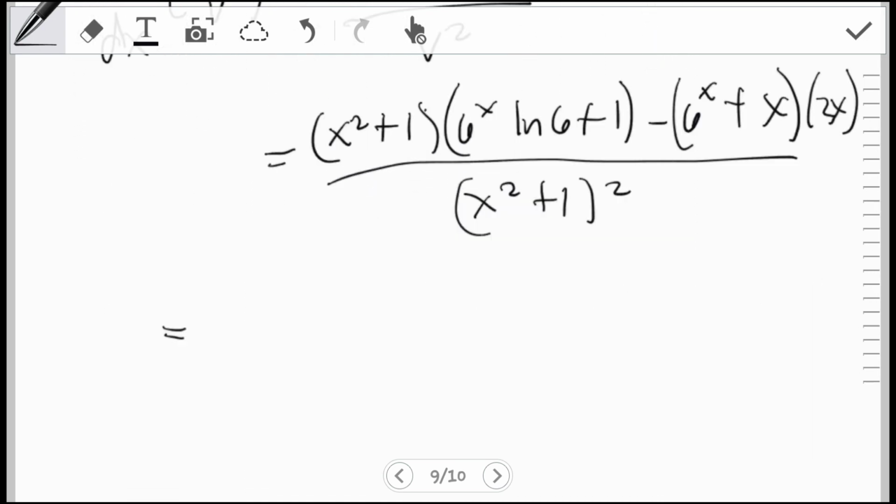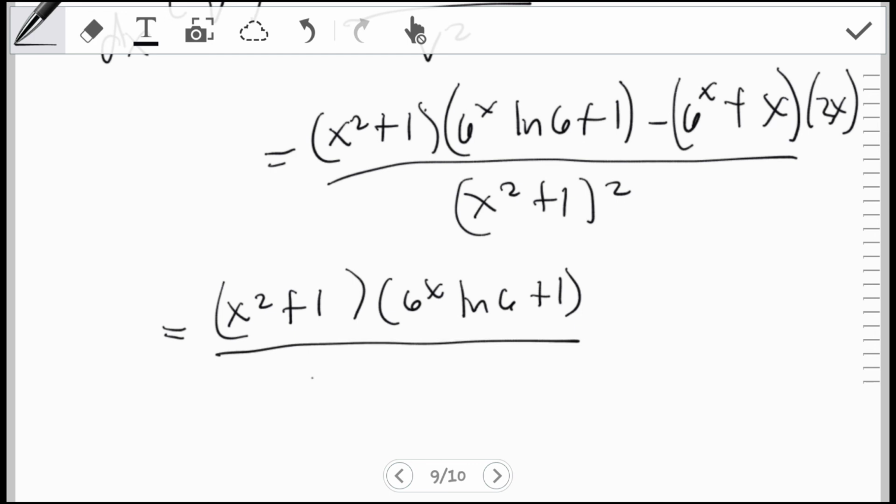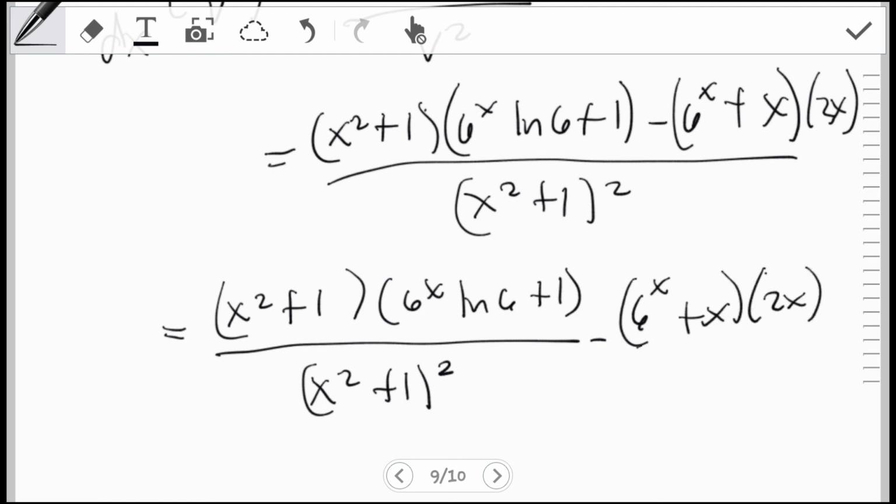Okay, so is equals to the x squared plus 1, okay, so times the 6 to the power x ln 6 plus 1, okay, over the quantity of x squared plus 1 to the power 2, then minus 6 to the power x plus x times 2x over the quantity of x squared plus 1 to the power 2.